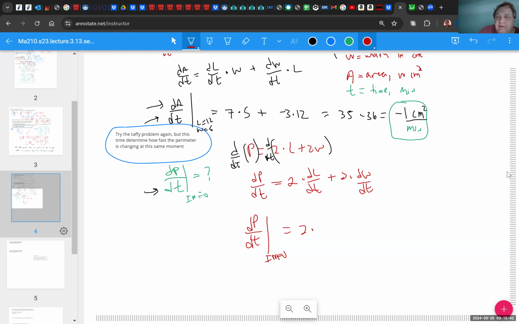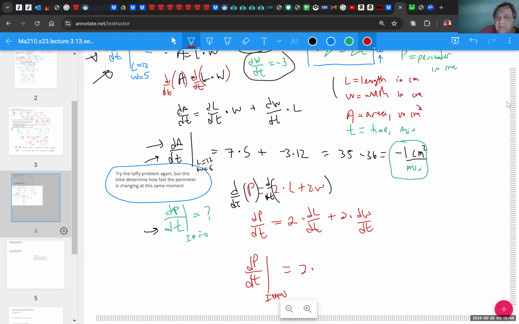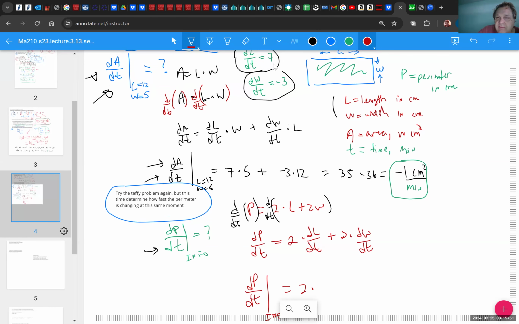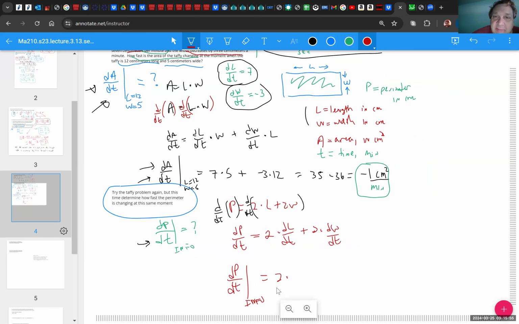And dL/dt, I think, was a little higher here. dL/dt was, let's see, 7. Okay, there we go. So it's 2 times dL/dt, which is 2 times 7, plus 2 times dW/dt. dW/dt is -3. And just like before, we do some computations.